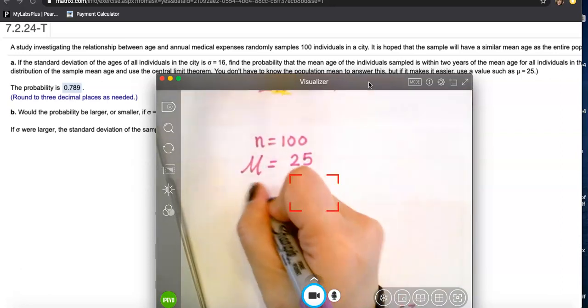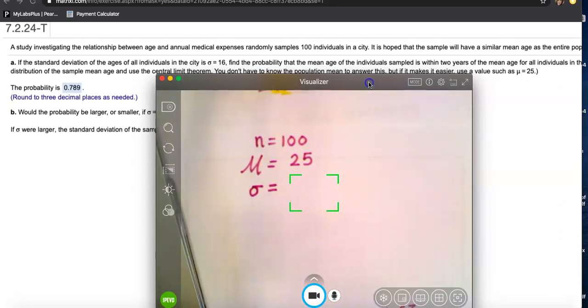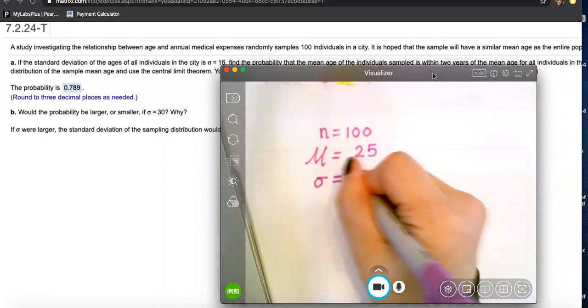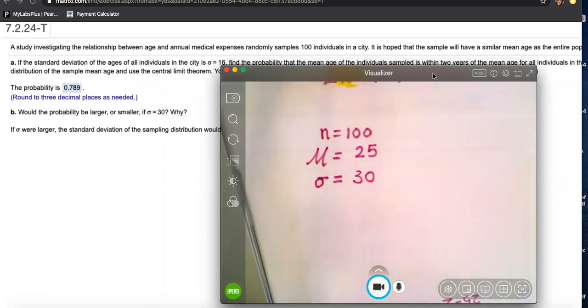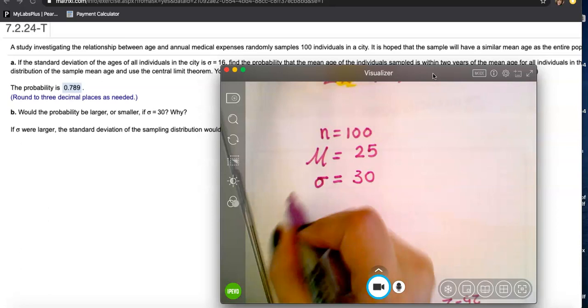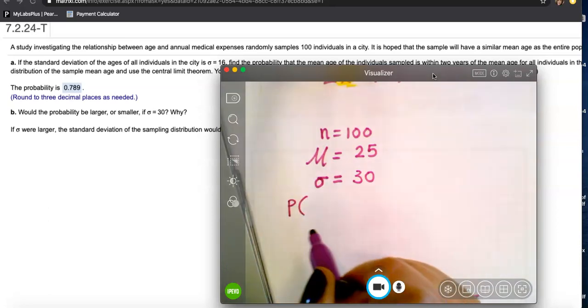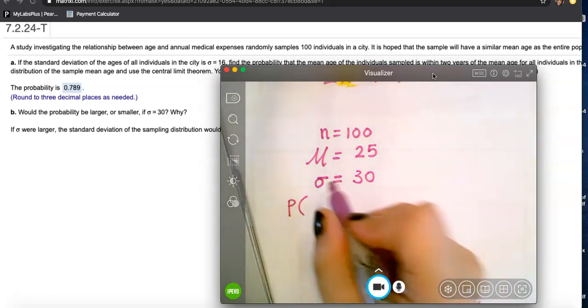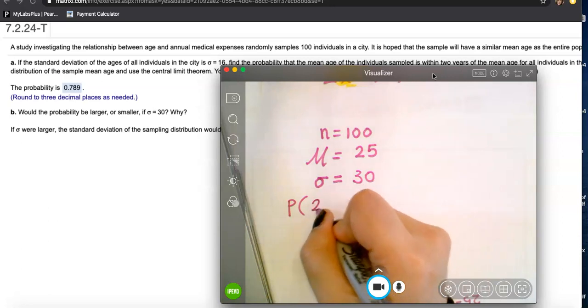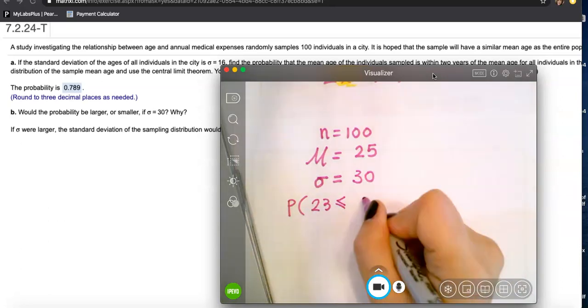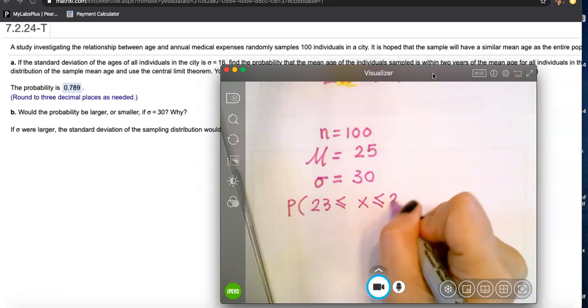But they are saying, what if the standard deviation is 30 this time instead of what they had earlier, 16? Would the same probability be greater or smaller? That's what they're wondering. So I'm going to do the same exact thing. I'm going to find the probability that x is going to be in between 23 and 27.